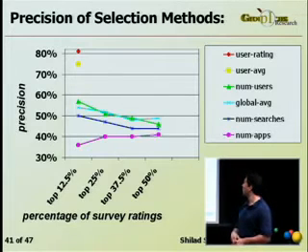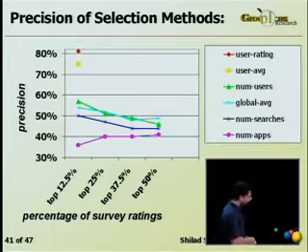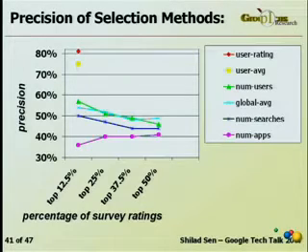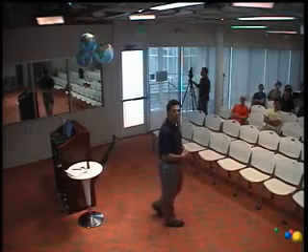So why aren't ratings more powerful? Just to clarify, you're talking about the thumbs up, thumbs down rating of tags? Yes. This is looking at how well thumbs up, thumbs down ratings predicted survey results.